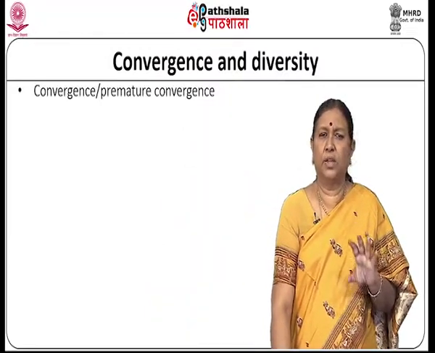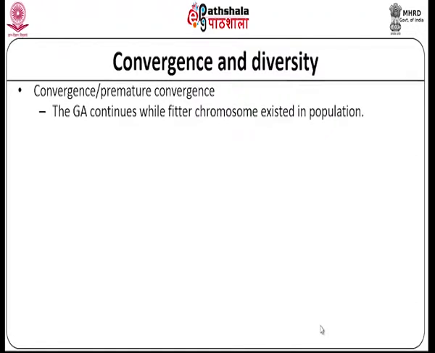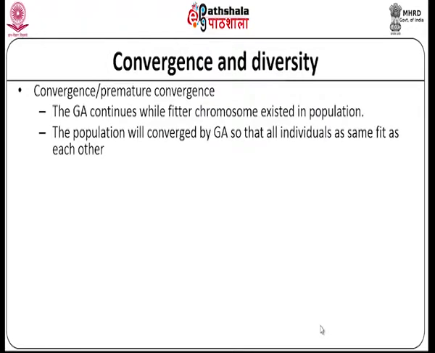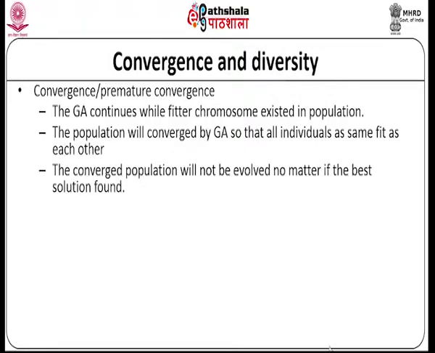Convergence or premature convergence: the GA continues while fitter chromosomes exist in the population. The population will be converged by the GA so that all individuals are as fit as each other, but a converged population will not evolve no matter whether the best solution is found.